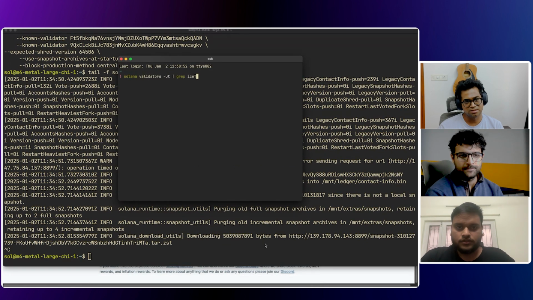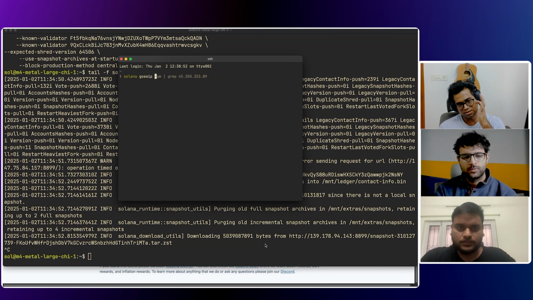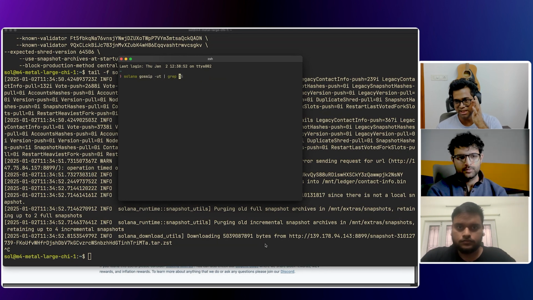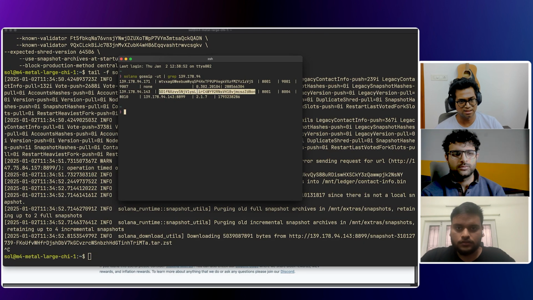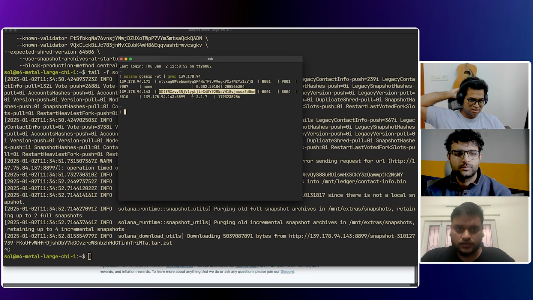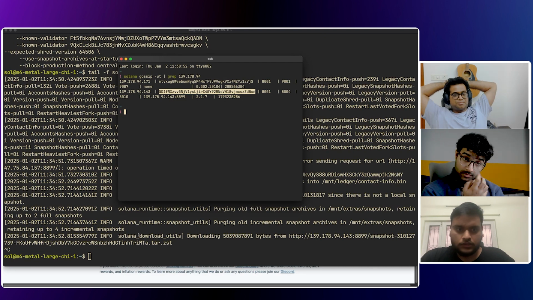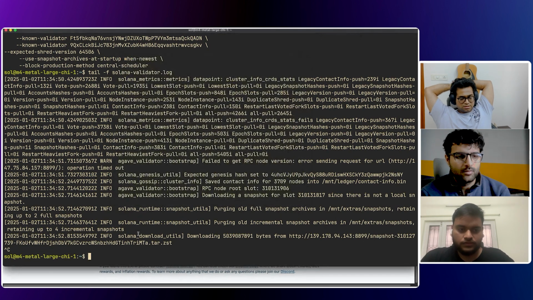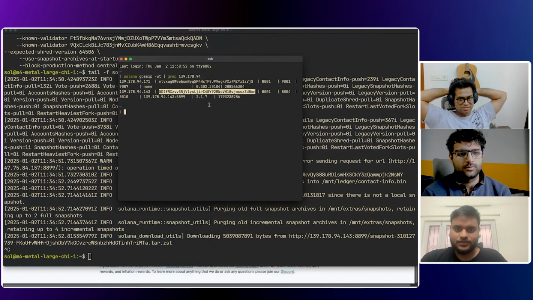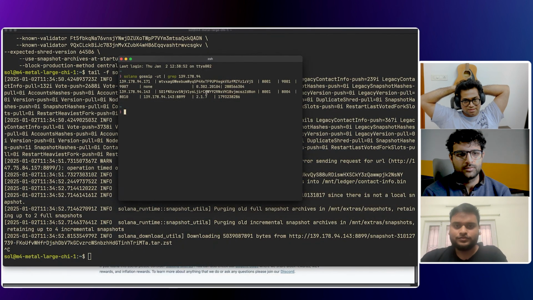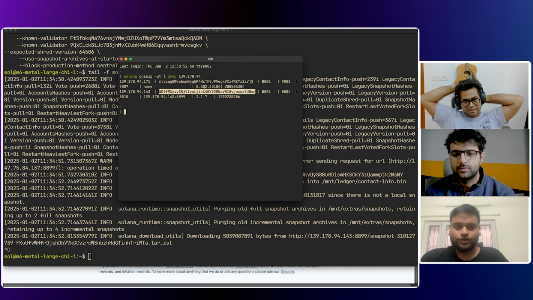One second. Solana validators not able to boost. Maybe he can show the CDRs in it. Yeah, something is off with this guy. If I restart, I'll remove this. So one of these validators is breaking for some reason, probably giving me the wrong snapshot.